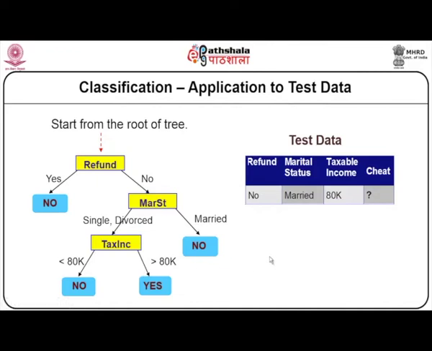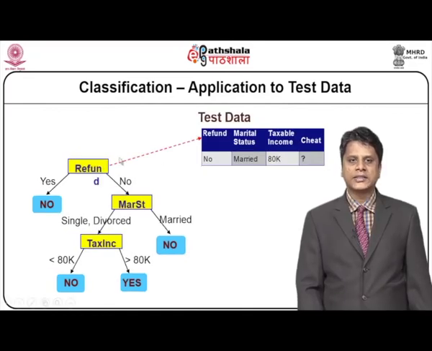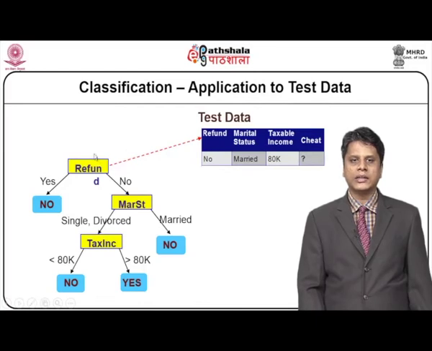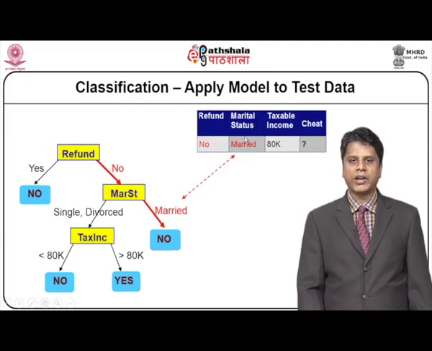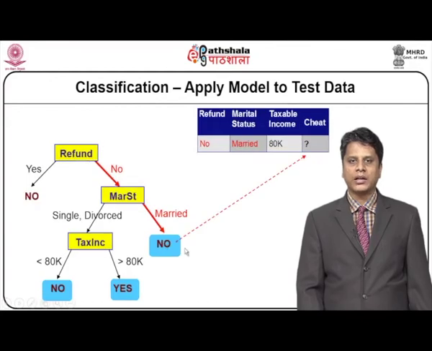Having given this as an input to this tree structure, we might be able to derive whether it is yes or no. Initially it identifies from the test data whether the refund status is yes or no. Having given no, it moves to the marital status and sees whether the person is single or divorced or married. By looking at this value, it can go to a leaf node where it will check the taxable income.